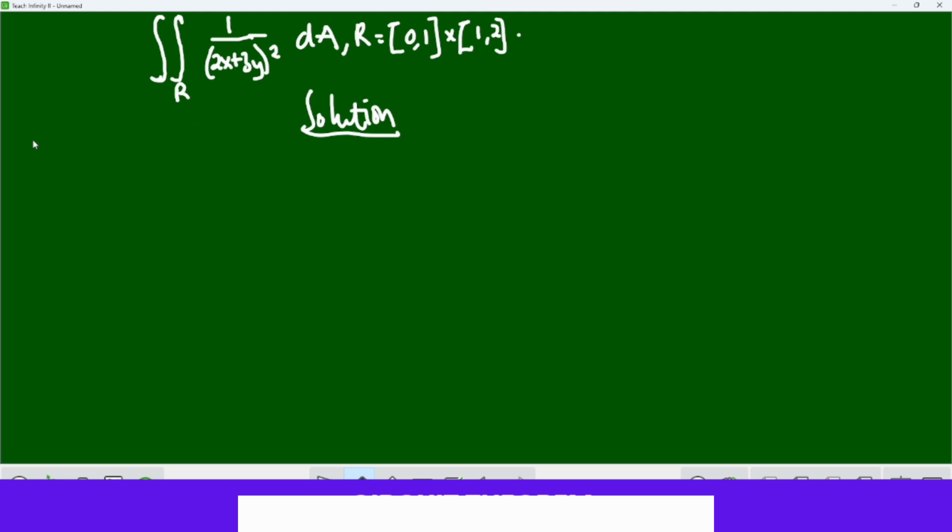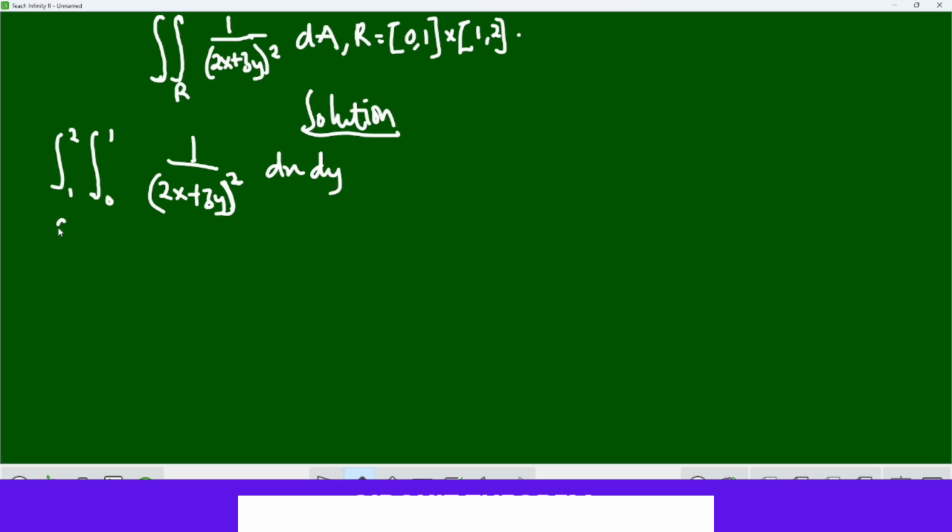Okay, so first of all, we can rewrite our points. From 1 to 2, integral from 0 to 1 of 1 all over (2x plus 3y) all squared dx dy.